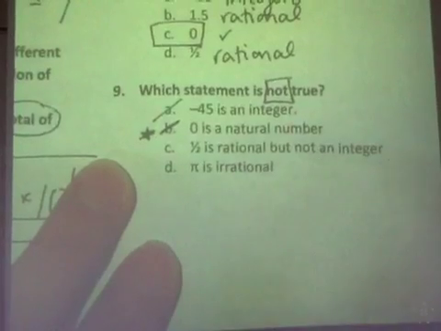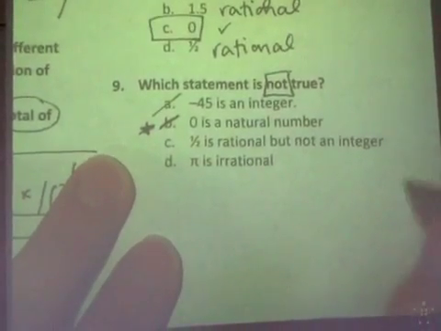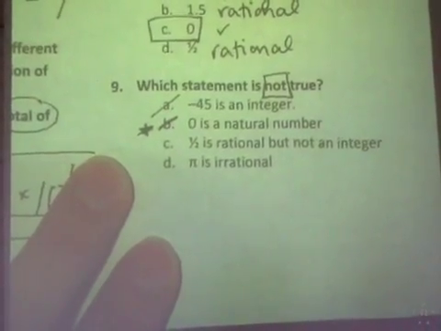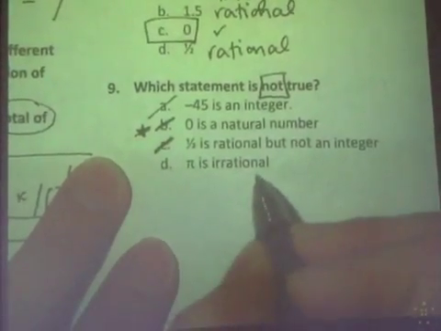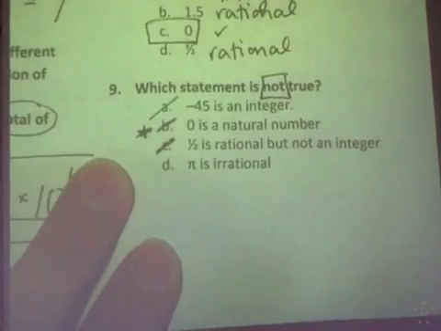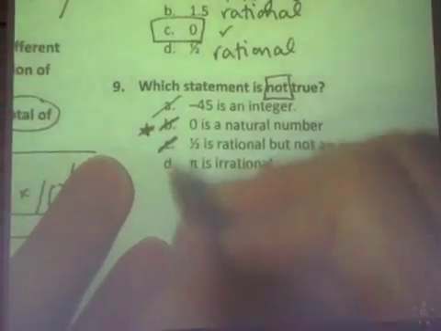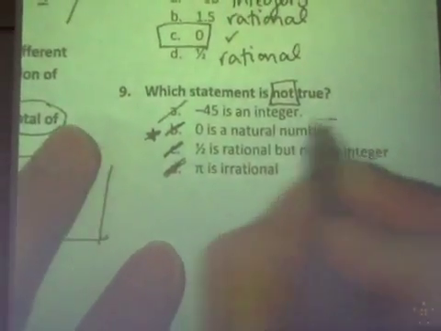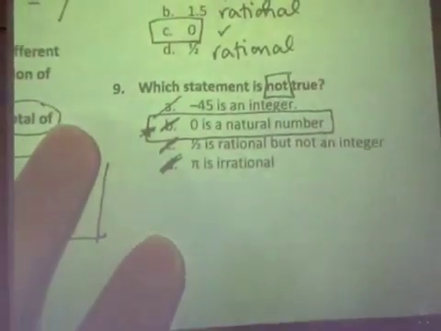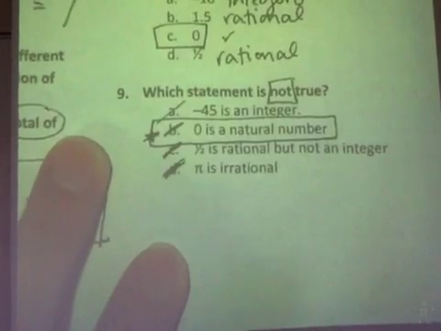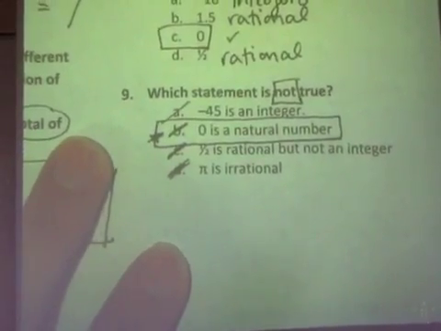An integer would be a negative or positive whole number. Okay, so we can't choose C. Pi is irrational. Okay, pi never ends and it never repeats, so it is irrational. That one is also true. So our only possible choice, 0 is a natural number. Okay, that's totally right. That one is not true. Okay, 0 belongs in the whole number category.